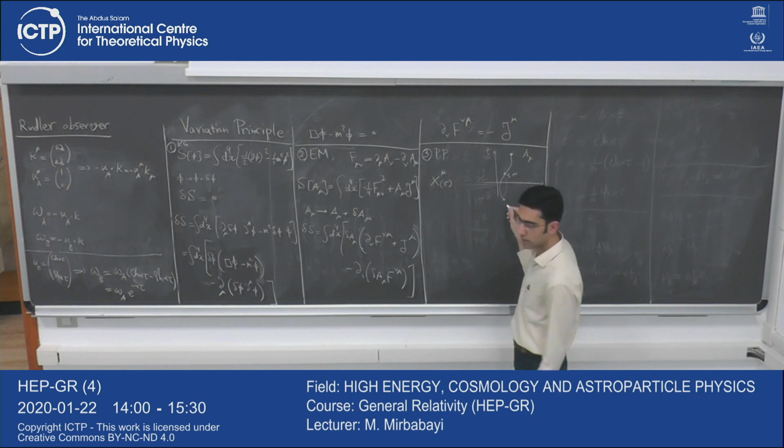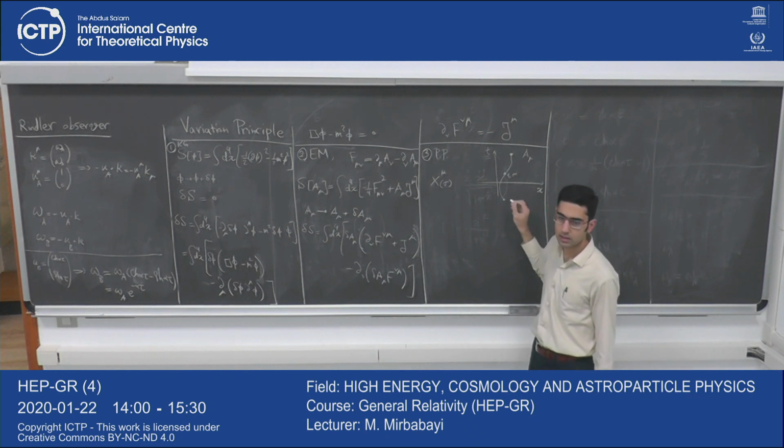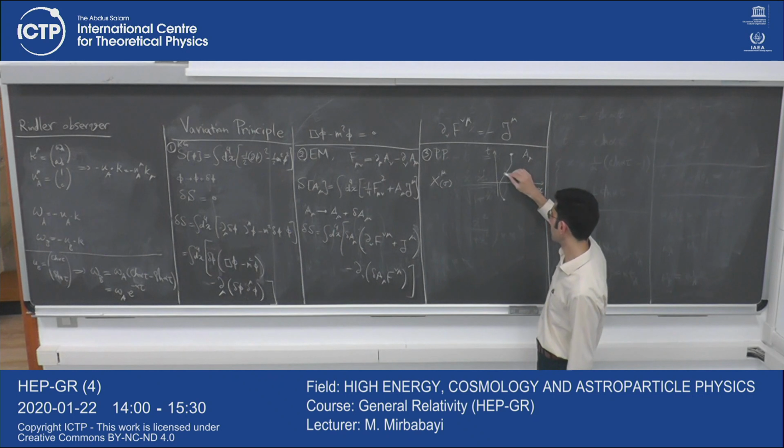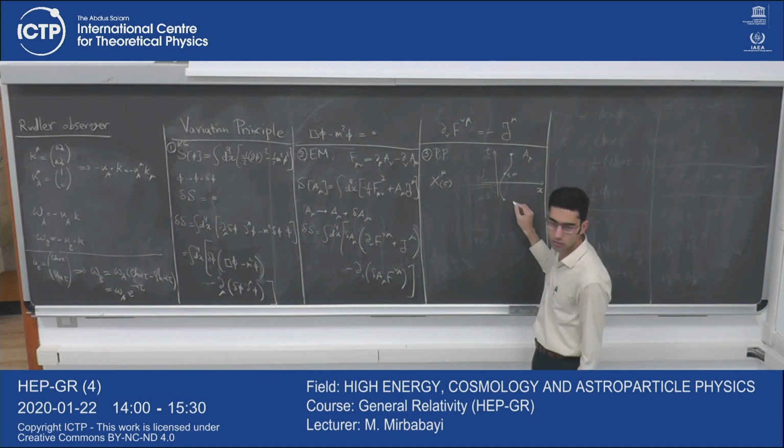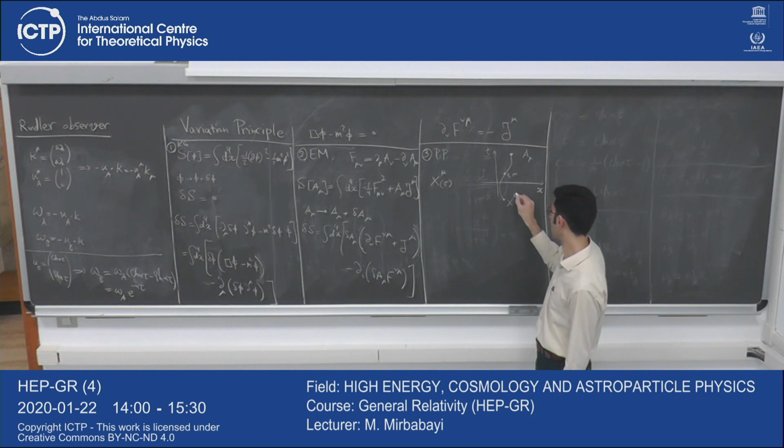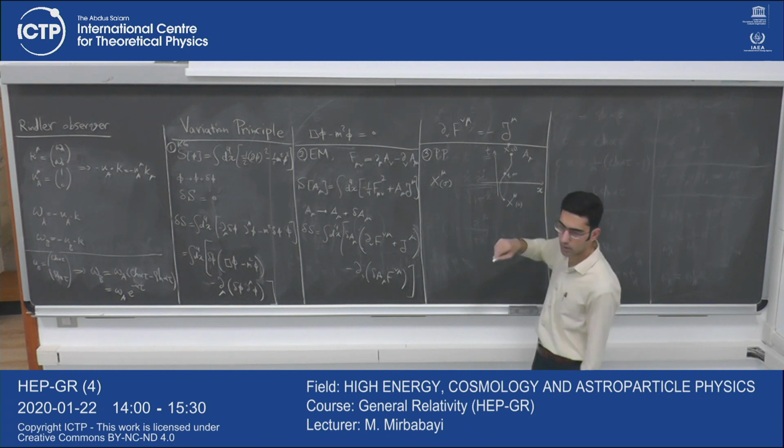So for instance, you can imagine that this particle starts its life when sigma is equal to 0, at point X mu of 0, and then when sigma is 1, it arrives at the final point, X mu of 1.